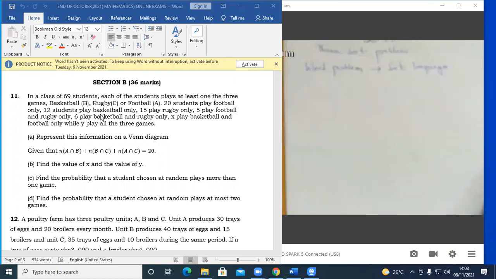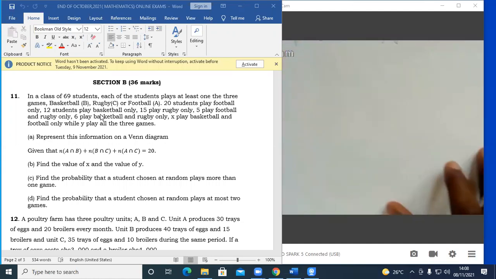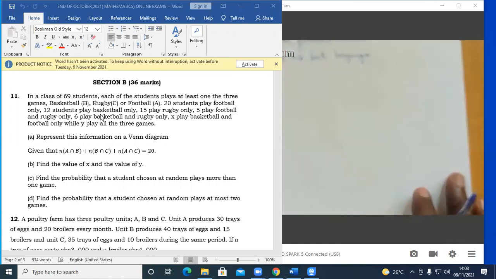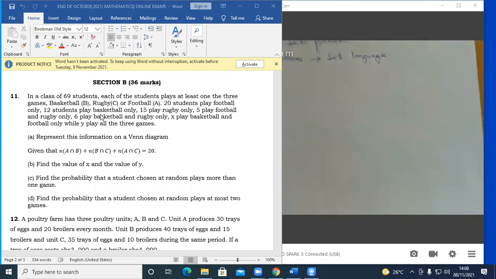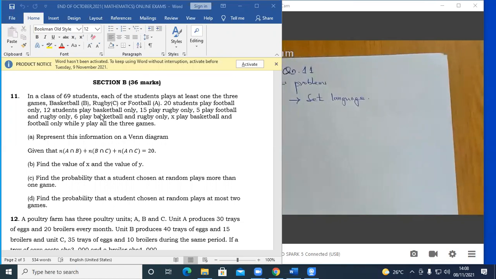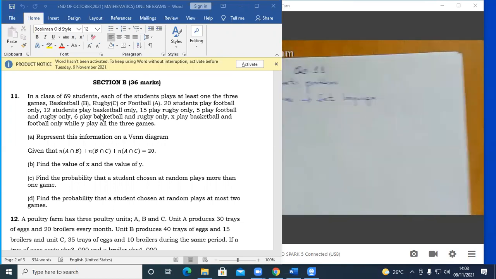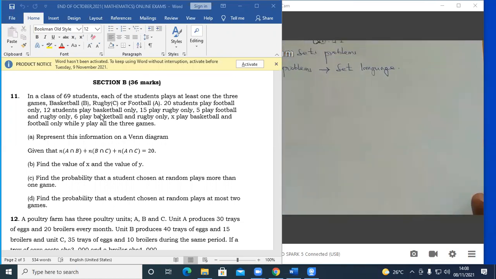You have to be very careful when changing them to the set language. You must pay attention to how the question was given. Okay? Are we together?